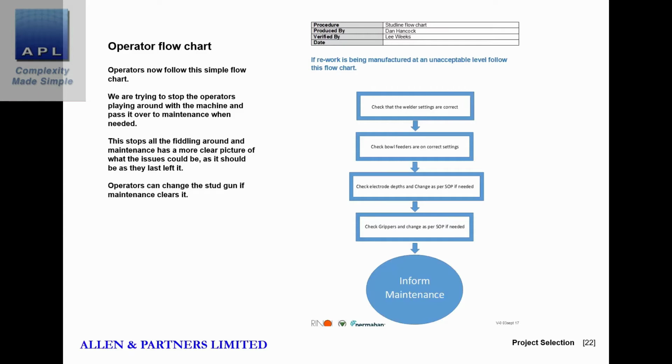Then we've got a little troubleshooting flow diagram. This is really good, so that what you don't get is, again, operators taking it onto their own shoulders to fix a problem. So here, what do they do? They just check the standard operating procedures.